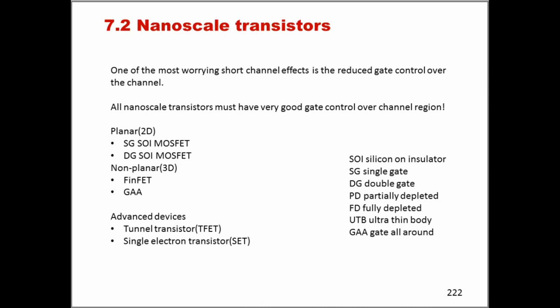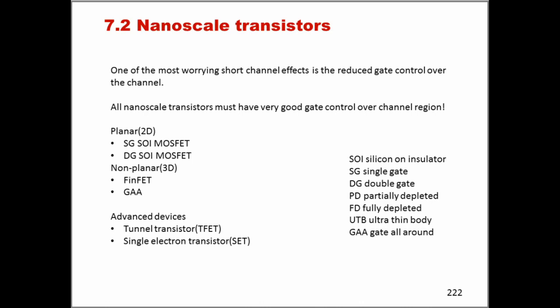But I think that we all agree that the most worrying short channel effect that we've seen up until now is definitely the fact that when we shrink the MOSFET transistor, the gate may lose control over the channel.